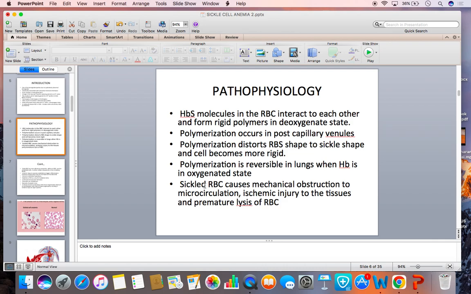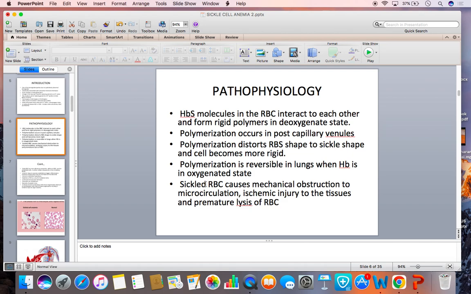It cannot pass through the microcirculation. It causes obstruction to the microcirculation, thereby ischemic injury to the tissues. When it is re-exposed to oxygen in the lungs, the sickle cell becomes normal.